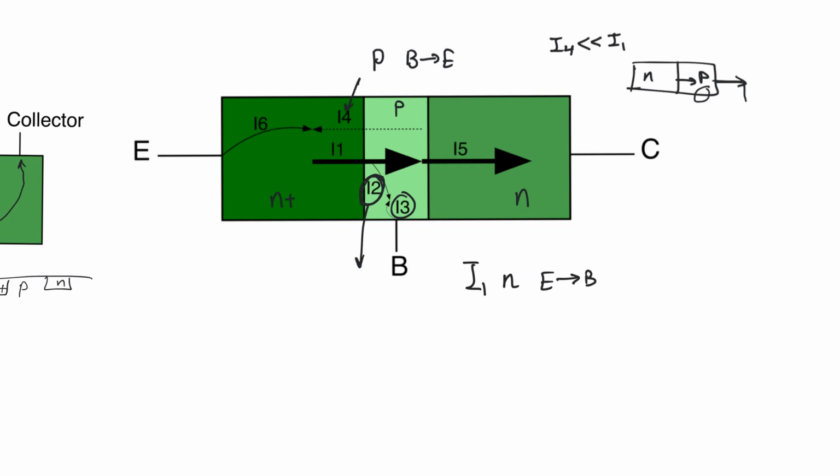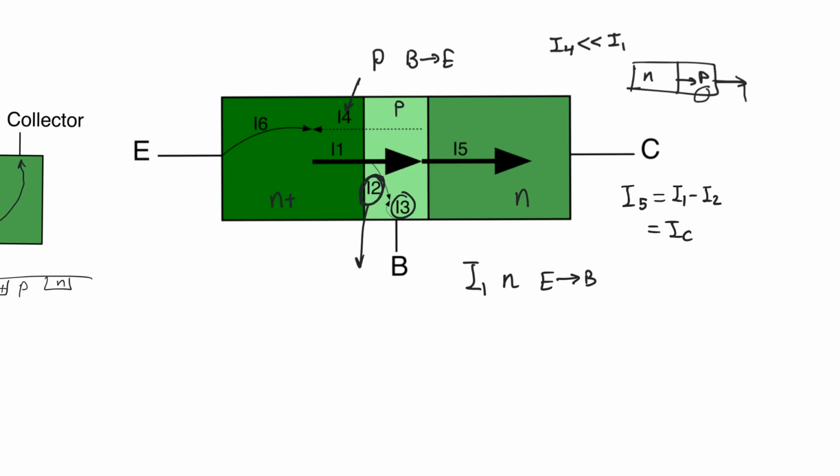All the electrons that are injected recombine. In this case, in the BJT, we assume that only a very small proportion recombines. So I2 is a small proportion of I1. And instead, I5 is the majority of I1. So I5 is equal to I1 minus I2. And what is I5? I5 is the collector current.